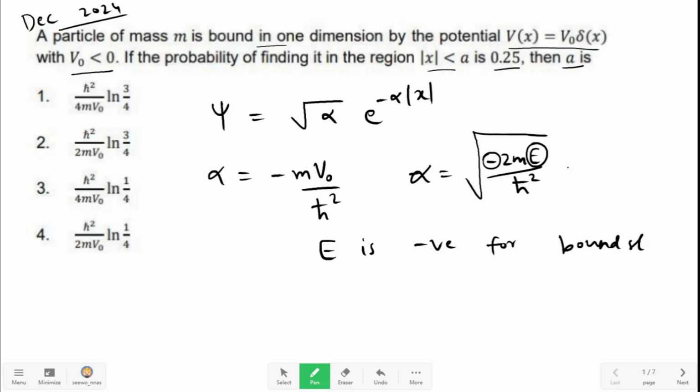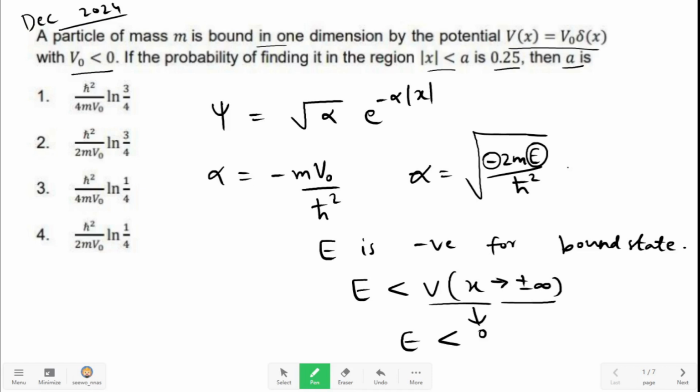Why do we say that? Because we have the condition for bound state. Condition for bound state is E less than V of x as x tends to plus or minus infinity. Now V when x tends to plus or minus infinity is 0. Therefore we have E less than 0.